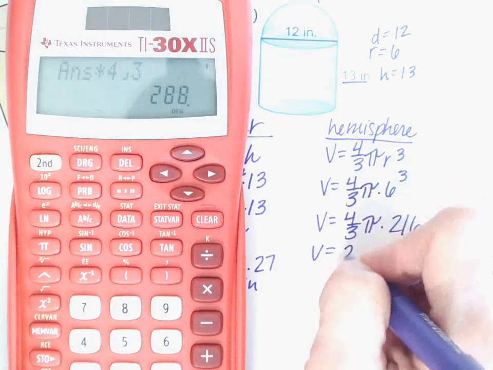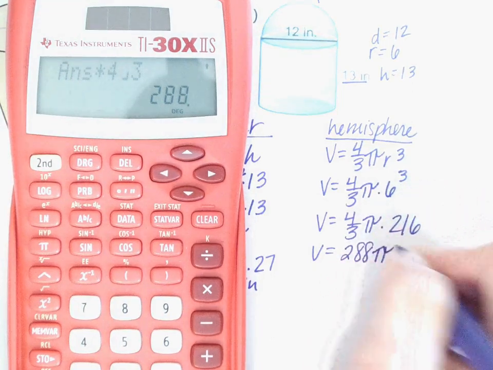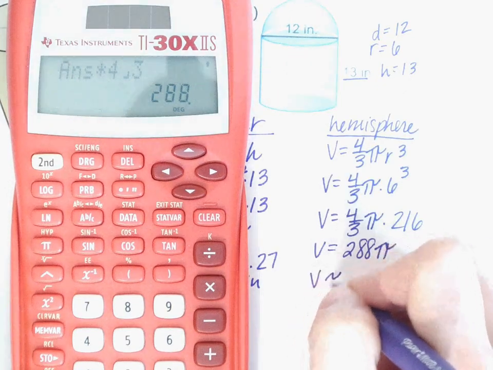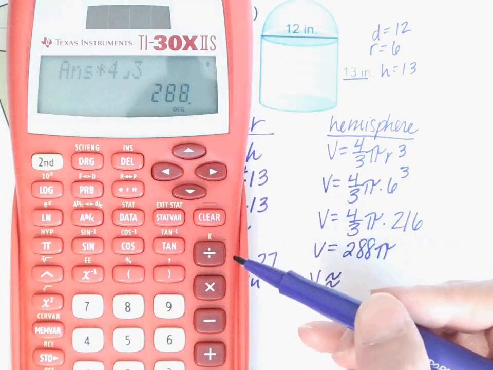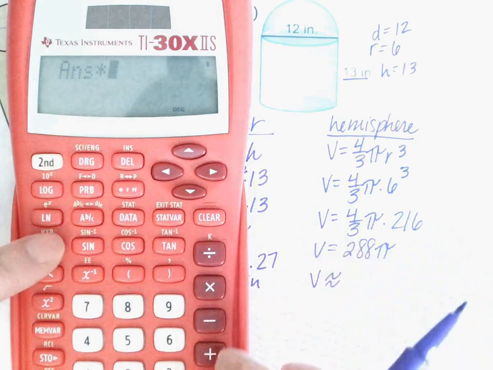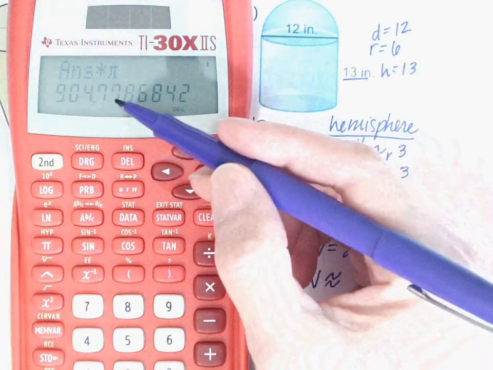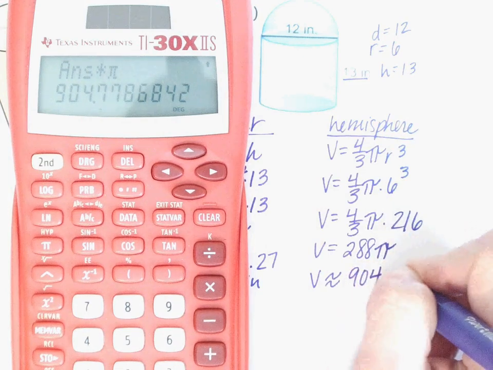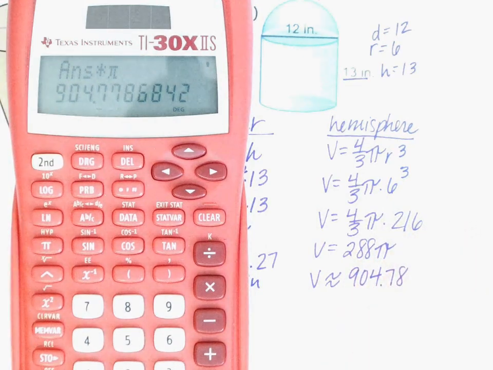And I get 288 pi. So again, this is my exact answer of this hemisphere. The next thing I'm going to do is multiply this by pi. I get my rounded answer, and we're going to round to the hundredth. So 904 and 78 hundredths.